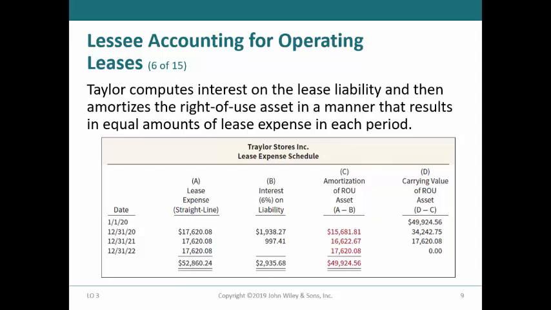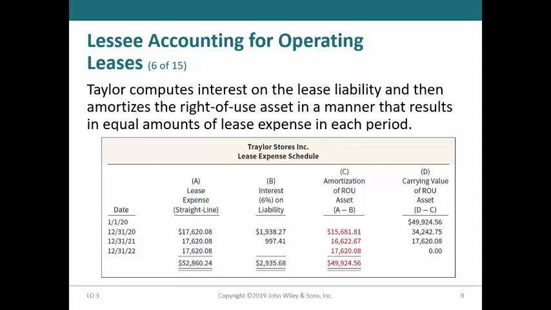When we recorded finance leases in the first presentation, we had two separate entries, one for interest expense and another one for amortization of the right-of-use asset. The amortization of the right-of-use asset was totally separate from the recording of the interest expense and was done by straight line. Now we are going to determine the right-of-use amortization based on the amount that is needed to keep the lease expense the same for each year.